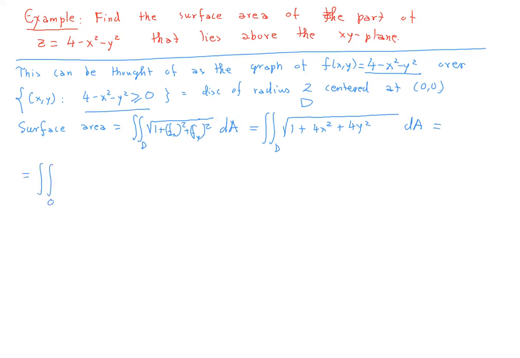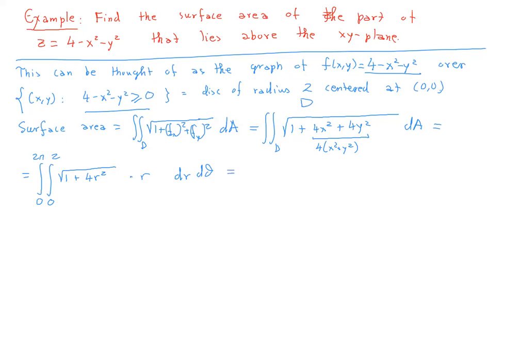So this will be 0 to 2 dr, 0 to 2 pi d theta, since we're going all around. We have the square root of 1 plus 4 times x squared plus y squared, and in polar coordinates x squared plus y squared is r squared. So 1 plus 4r squared. This takes care of the integrand. And of course, we shouldn't forget the Jacobian.